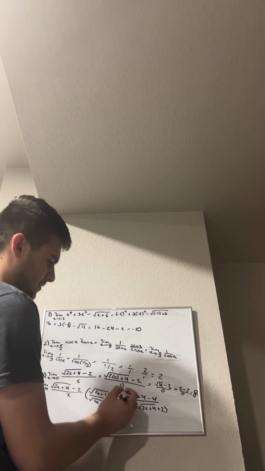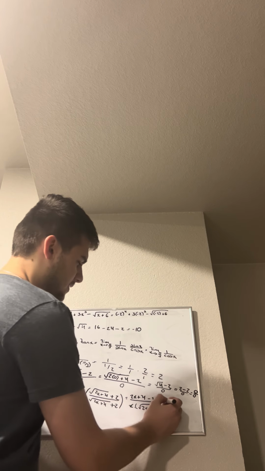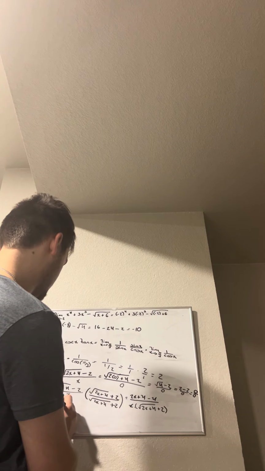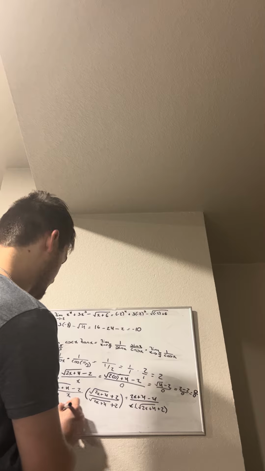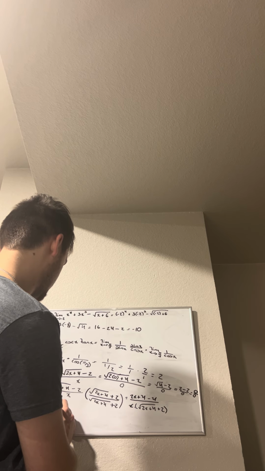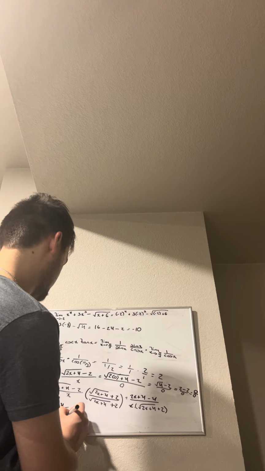You can cancel the x right over here, so you would just have 2 over root of 2x plus 4 plus 2.